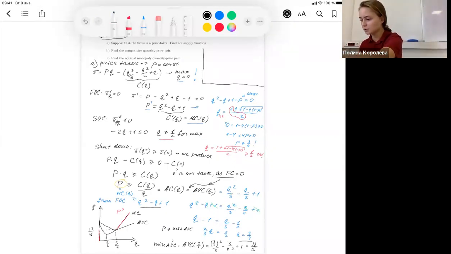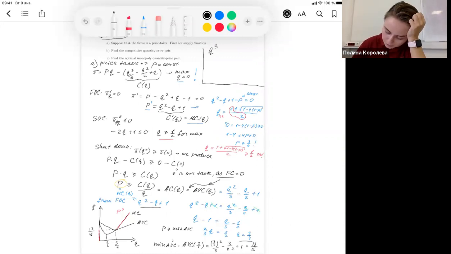So quantity supplied as a function of price will be equal to 0 if price is less than 13 over 16, and then, from the first order condition, this red one, 1 plus square root of 1 minus 4 times (1 minus price), over 2.